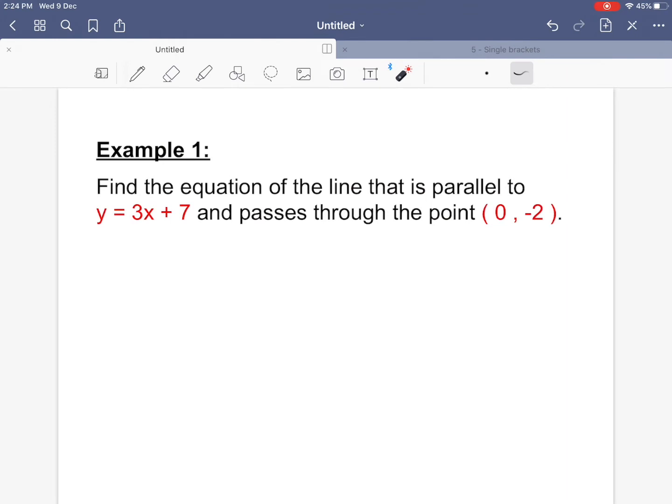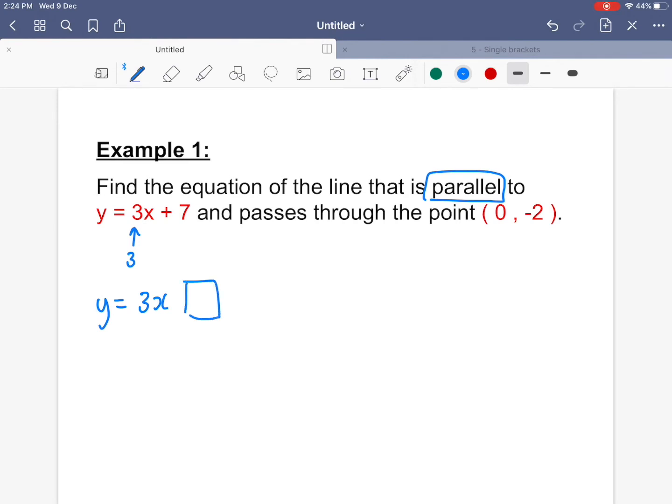So for example, I've got to find the equation of a line that is parallel to y equals 3x plus 7, and it goes through the point 0, minus 2. Whenever you're doing these kind of questions, you need to first of all identify the gradient in the original, and we're told that it is parallel. So if it's parallel, the gradients are the same. So my new equation will be y equals 3x plus or minus something.